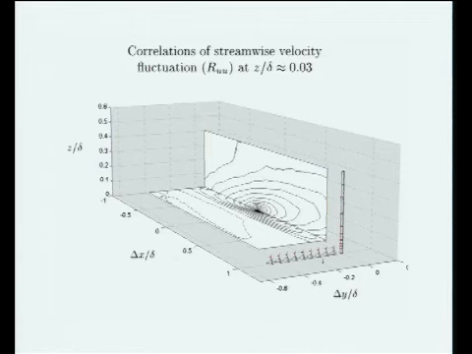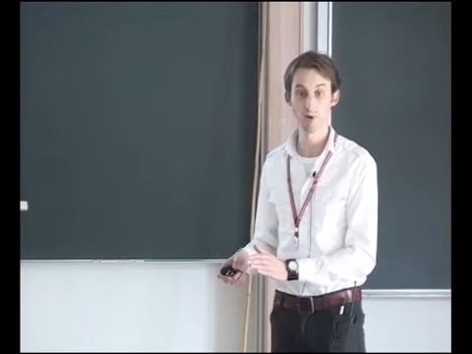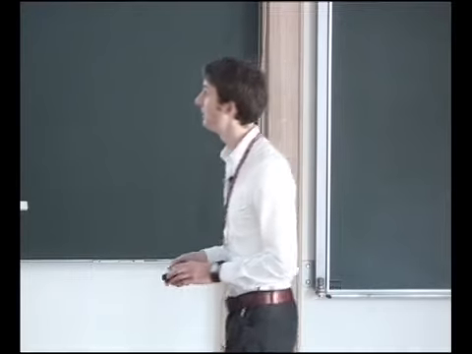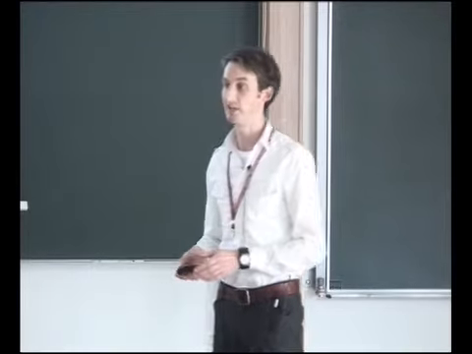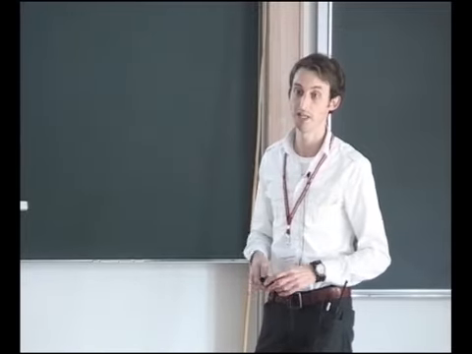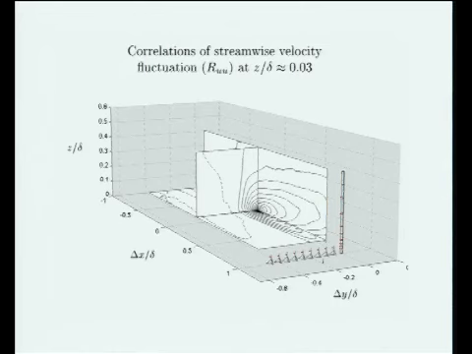Okay, so we can take that data and calculate other statistics, which we've done. Here we're looking at contours of cross correlation of the streamwise velocity with itself, so contours of R_uu. When we do this and normalize by boundary layer thickness, we see that everything collapses pretty well onto what we see in the lower Reynolds number boundary layers. We see these elongated regions of positive correlation flanked on either side by regions of negative correlation, shown by the dashed contours.